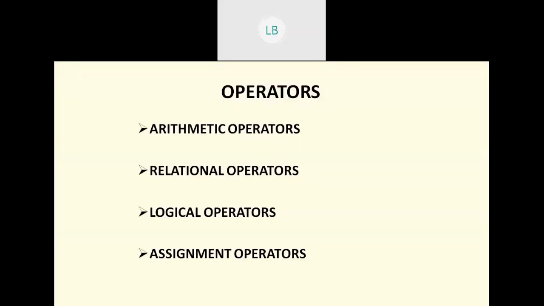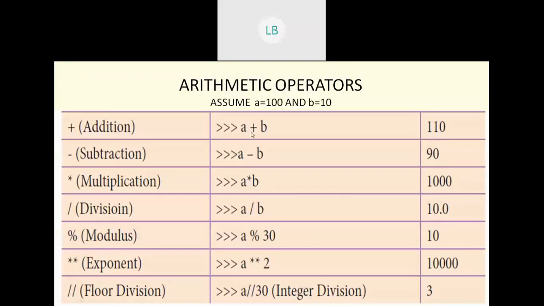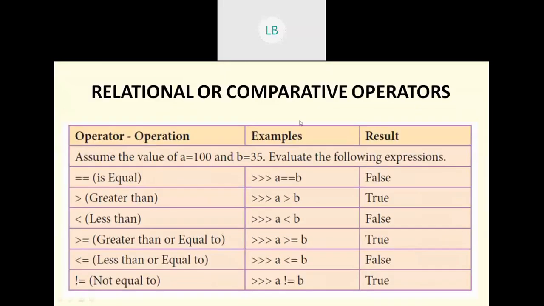And under operators, we were discussing arithmetic operators. All these arithmetic operators will act on two operands and will give you some result. In this class, we are going to continue with the other operators.